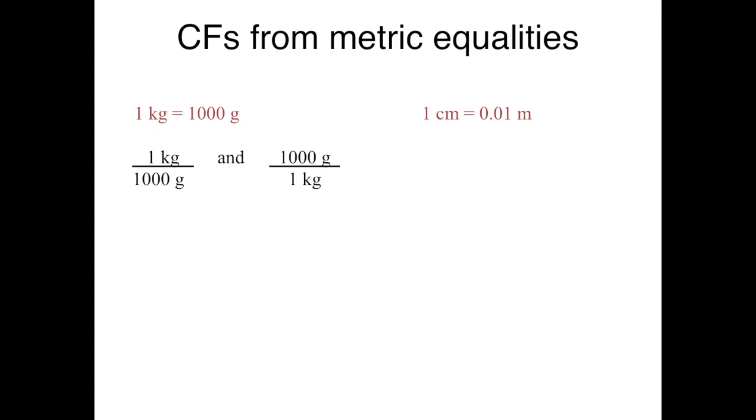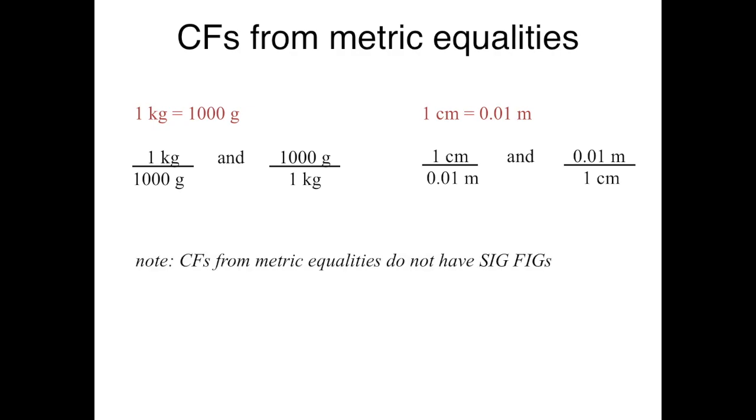Another example is an equality between centimeters and meters. Remember, centi means 100th, so 1 centimeter is equal to 100th of a meter, or 0.01 meter. So the equality that could be written there is 1 centimeter per 0.01 meter, or 0.01 meter over 1 centimeter.